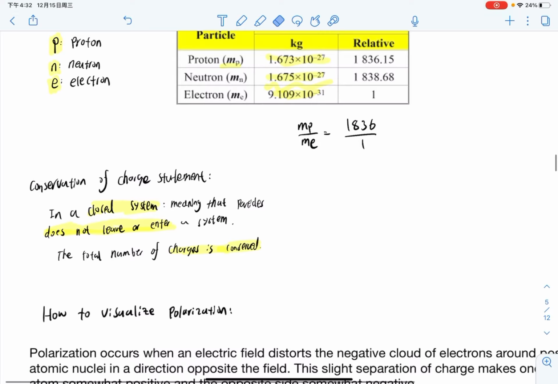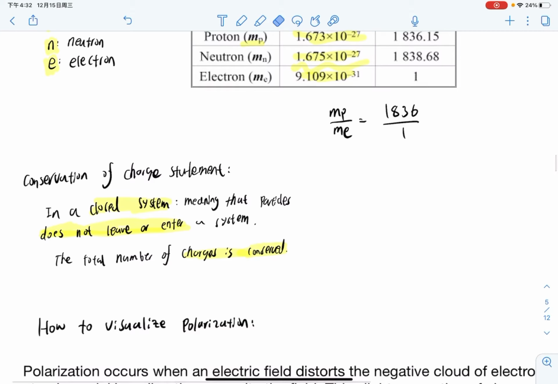And the second thing we need to review is the conservation of charge statement, which states that in a closed system, and a closed system means that particles do not leave or enter the system.